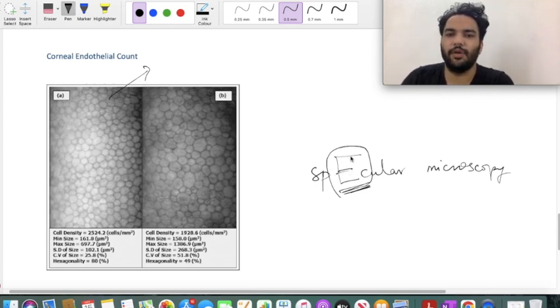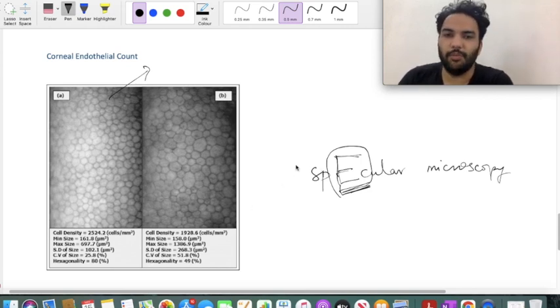Based on the number of cells, we decide on cataract surgery, because if the endothelial counts are low, cataract surgery might be problematic for the patient, and we have to take certain precautionary measures. Or in the case of corneal transplant, if the endothelial count is not adequate, we might not do the corneal transplant.